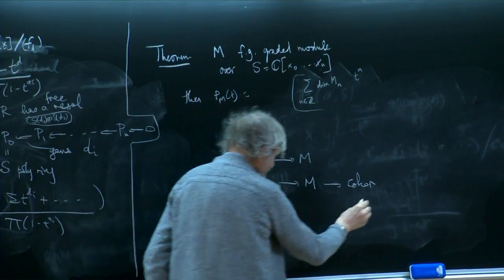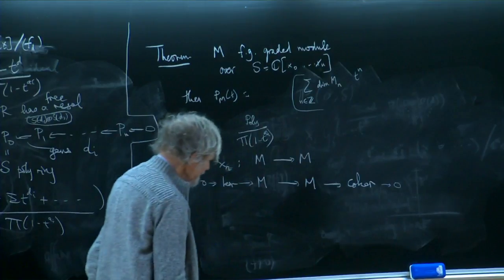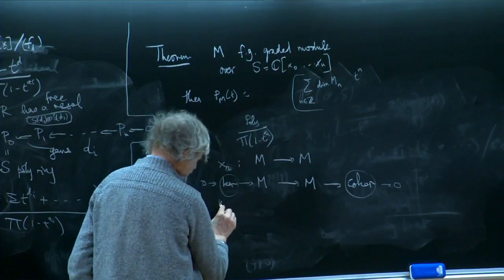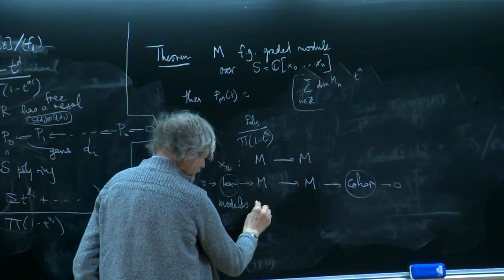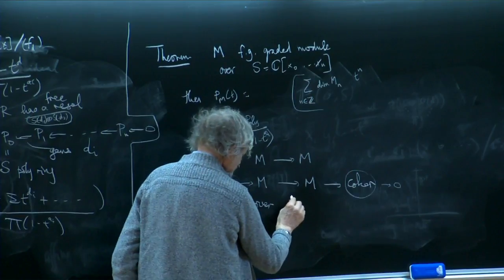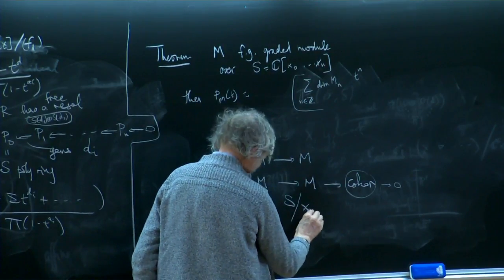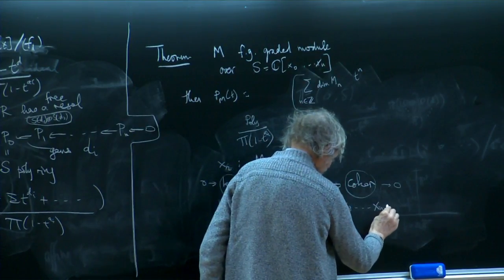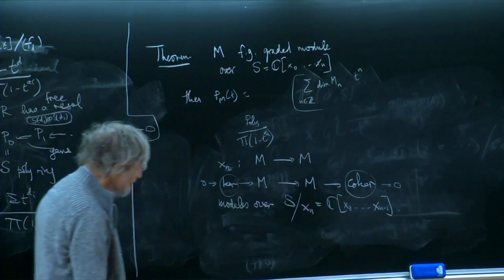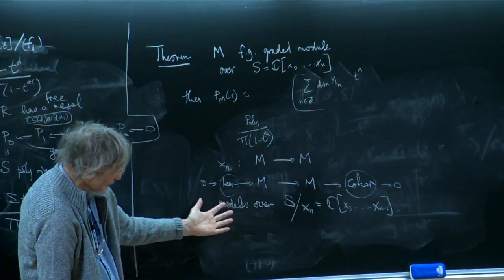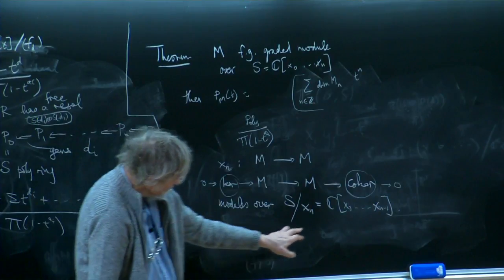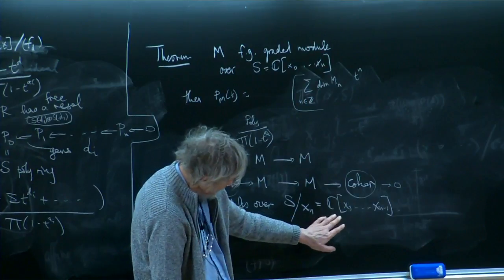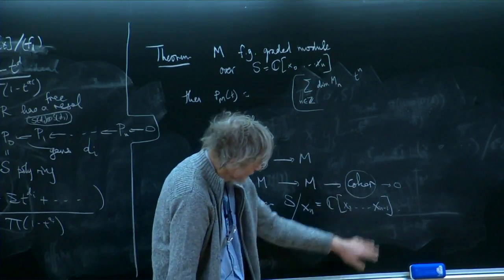The main step in the proof is to observe that the kernel and the cokernel are both modules over the polynomial ring S divided by x_n. So the kernel and the cokernel are finitely generated graded modules over a ring with one fewer generator.